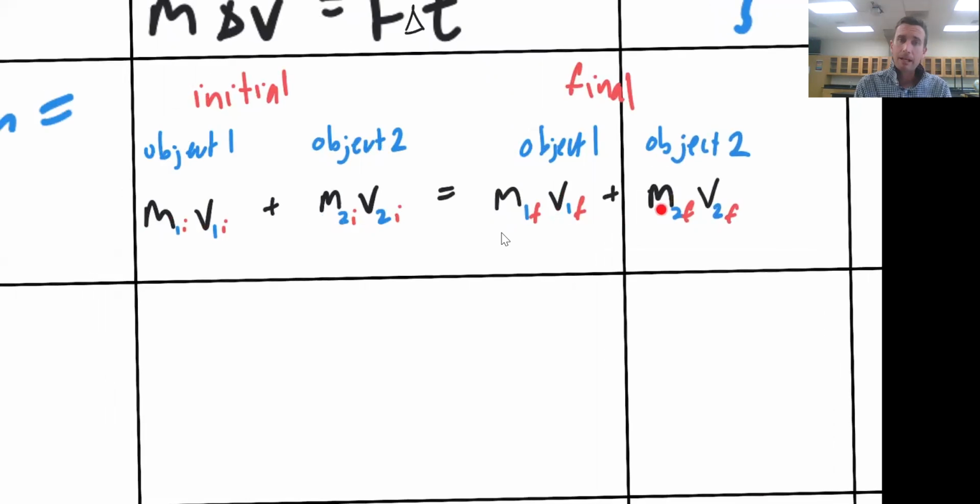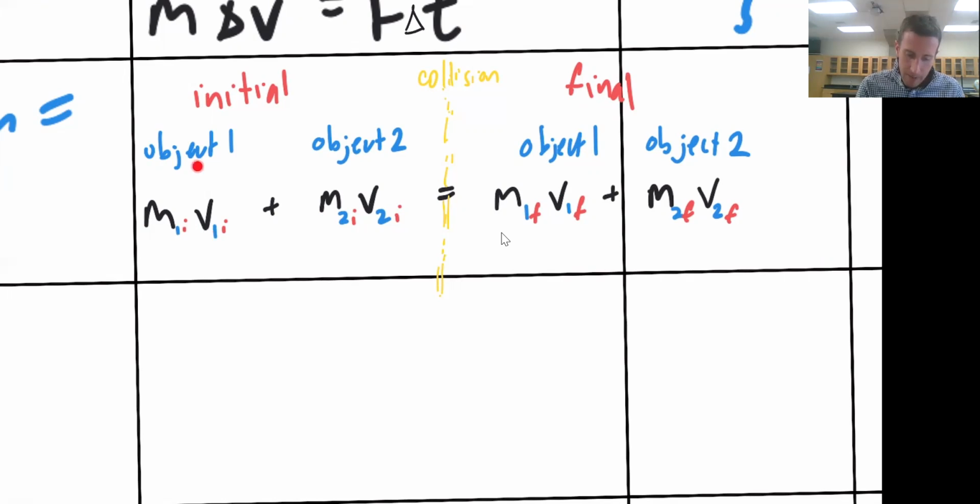So what I've done is I've used red for initial and final. Initial means before the collision. Final means after the collision. The collision would be taking place right in the equals sign, right there. So right here is the collision, okay? So before the collision, object 1 is m1i, v1i.